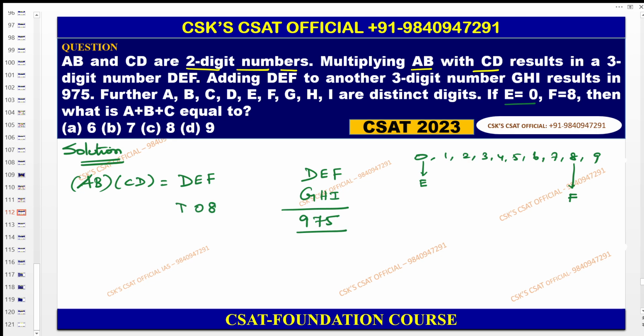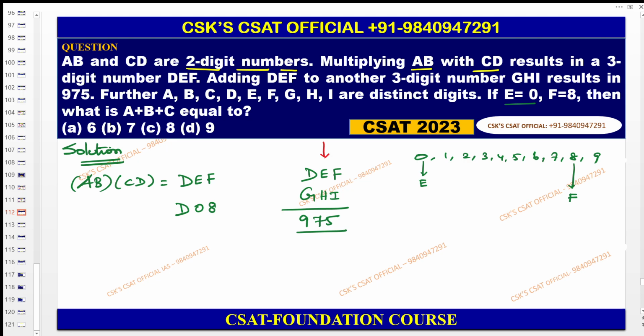Now it is in the format of D 0 8. Okay, and next thing here is you have to focus with this data. Here F plus I plays a very vital role. F plus I, you need to get the 5.